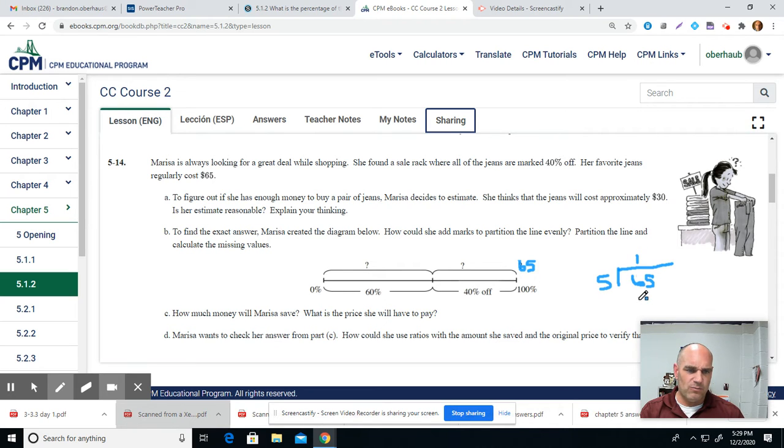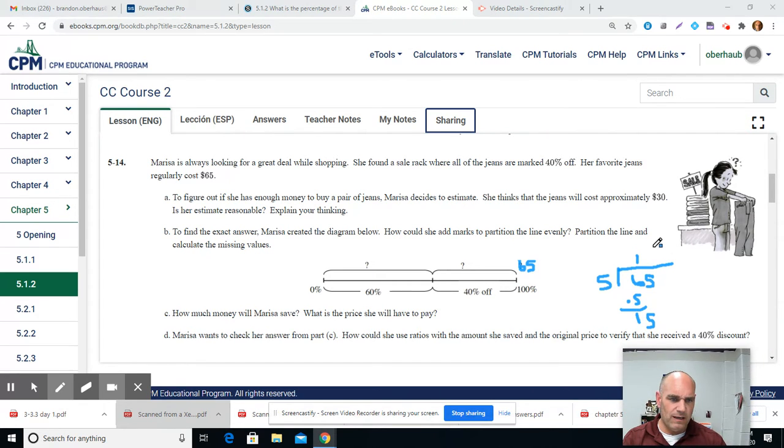So that would be 13 lines. Wait a second, I don't think that's going to work the way I wanted it to, because I can't break it up into 13.